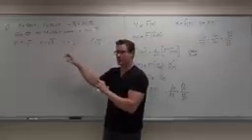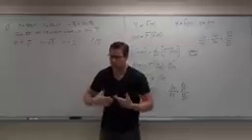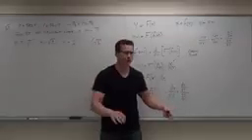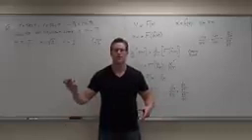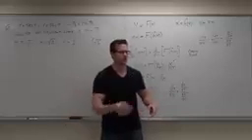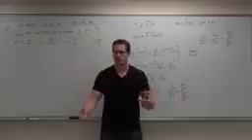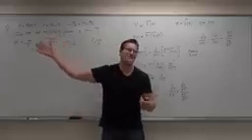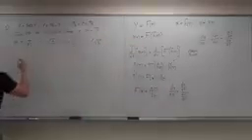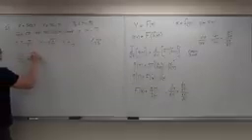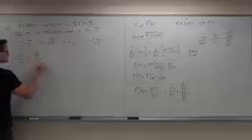You with me? Now, how do you find the slope of a curve at a point? Number one thing that I taught you in Calculus 1. The slope of a curve at a point is a derivative. Can you find the derivative of this? It's easy. So the derivative, dy/dx, is simply dy/dt over dx/dt.